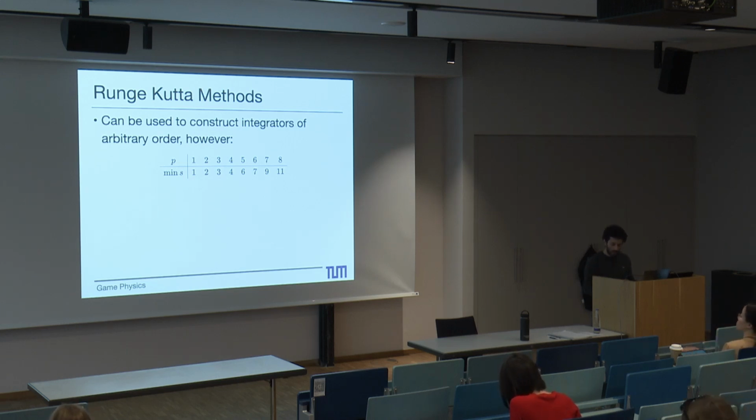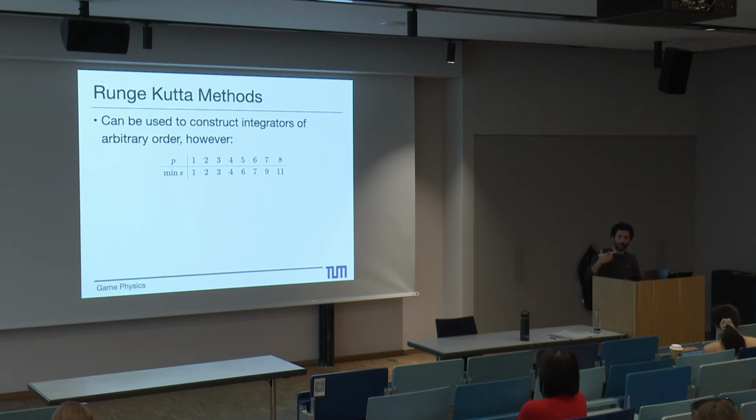Whereas, as you can see, as we move to order 5, 6, 7, and 8, the number of steps that we need to perform is actually increasing faster. So from here, we are getting, let's say, a lower return for the added computational cost of a single step.